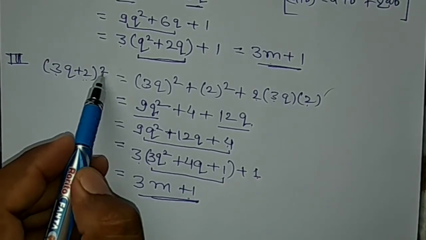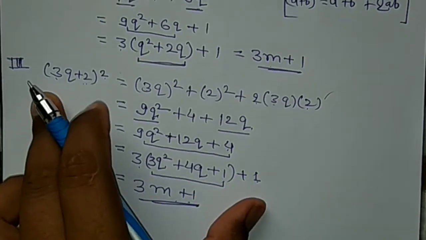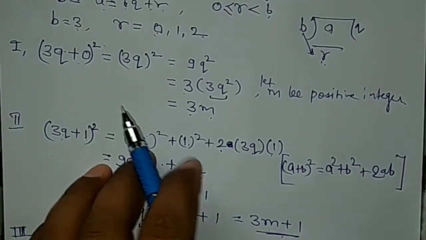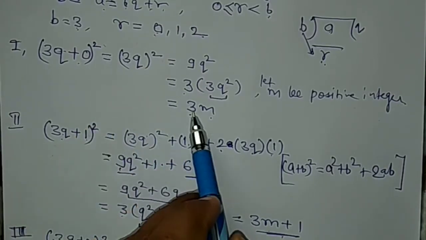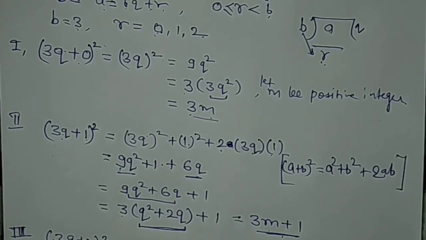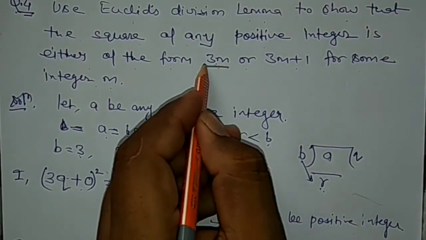So (3q plus 2) whole square is written in the form of 3m plus 1, and (3q plus 1) whole square is in the form of 3m plus 1, and (3q plus 0) whole square is written in the form of 3m. So in this question we have to prove 3m or 3m plus 1.